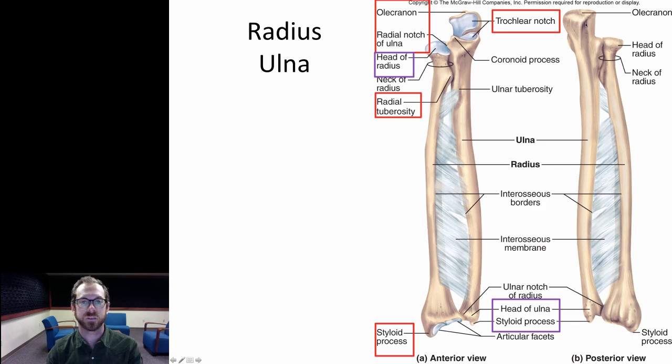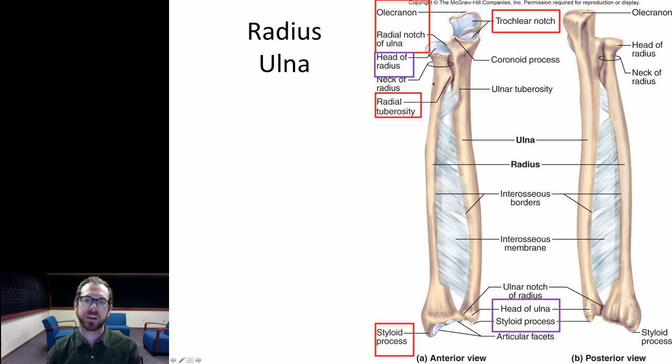All right, so the key features that we want to jump out at us during a practical quiz is this olecranon process. That tells us the posterior side of the ulna. This trochlear notch, this tells us the anterior side of the ulna. This radial notch, this tells us the lateral side of the ulna.